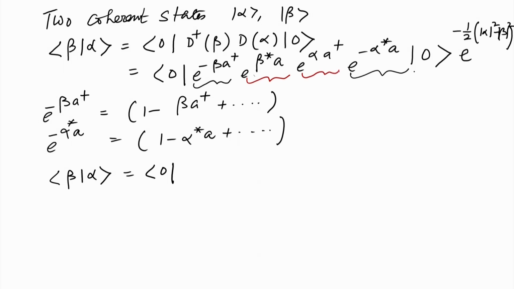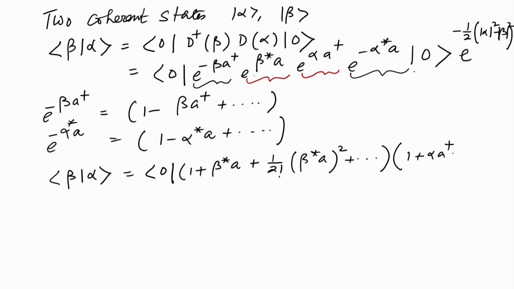So, this is equal to 1 plus beta star A plus 1 by 2 factorial beta star A square plus so on, and then we have 1 plus alpha A dagger plus 1 by 2 factorial alpha A dagger square, and so on, and then the vacuum.